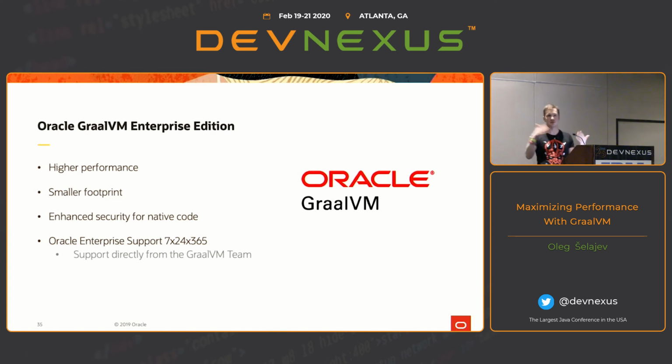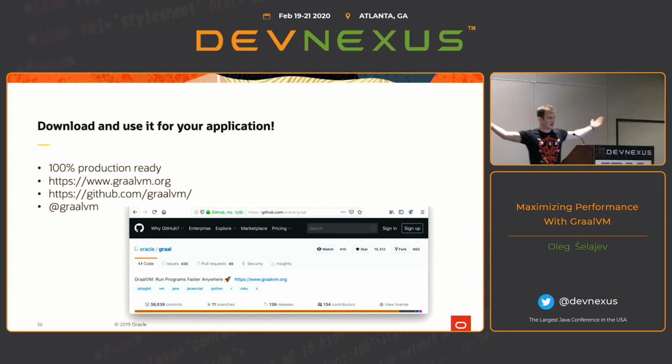So if you don't want to use the Enterprise Edition, you don't have to. And it comes with support. I'm not sure what the process is, but reach out to your Oracle representative and talk about that. And just download it, just try.